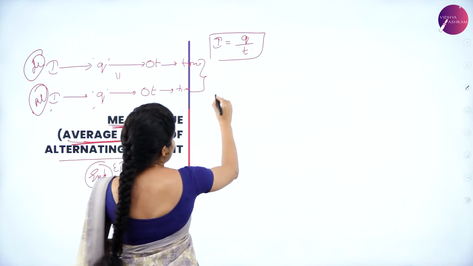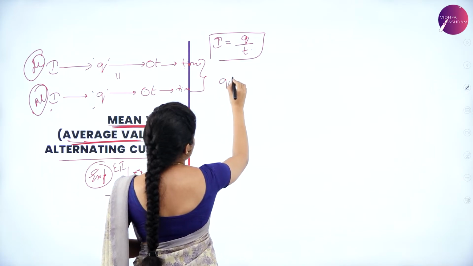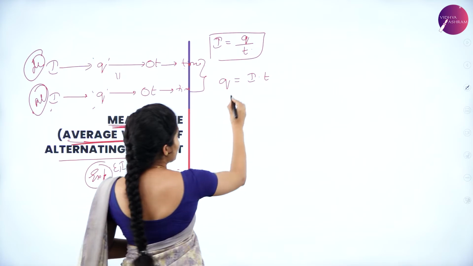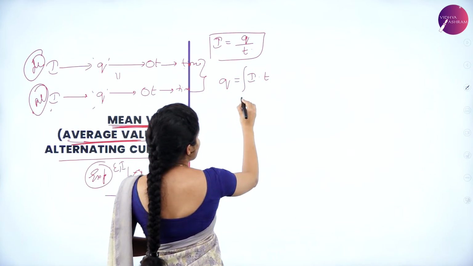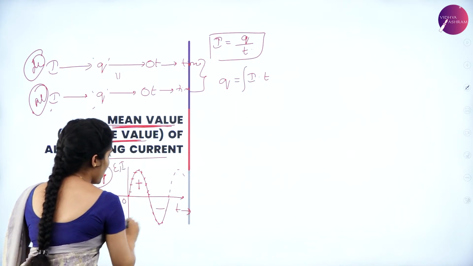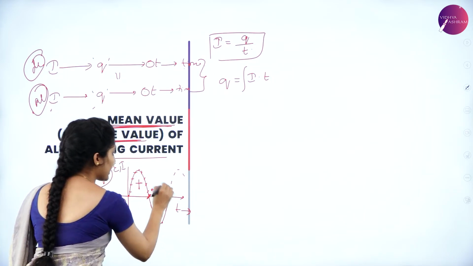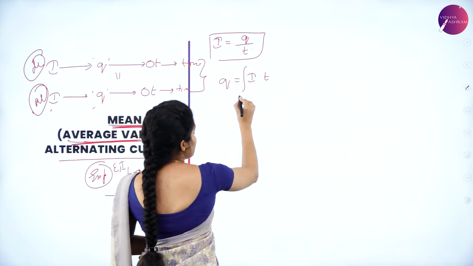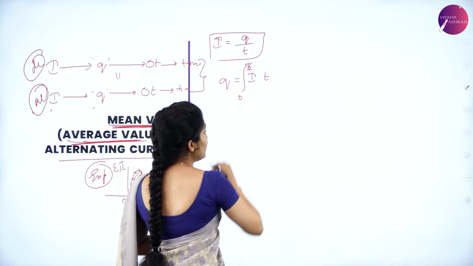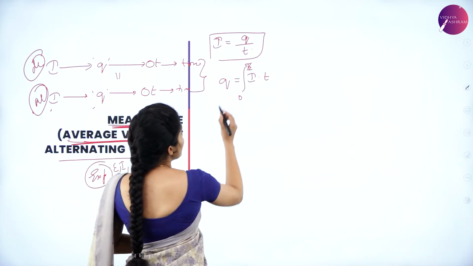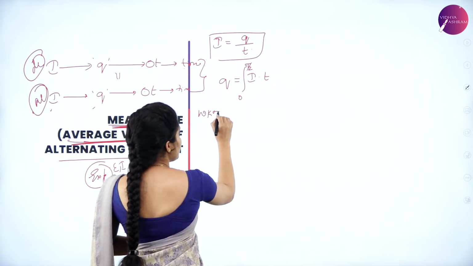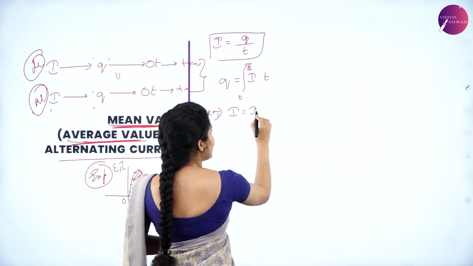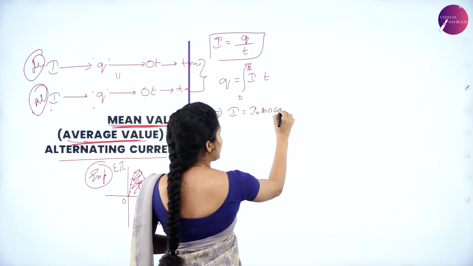So with integration, we have Q equal to I into dt brought together, and we have to integrate this from 0 to T by 2 time interval. Here we are calculating only half of the cycle. From 0 to T by 2 we need to integrate this charge Q. We know that the instantaneous value of current is I naught sine omega t.